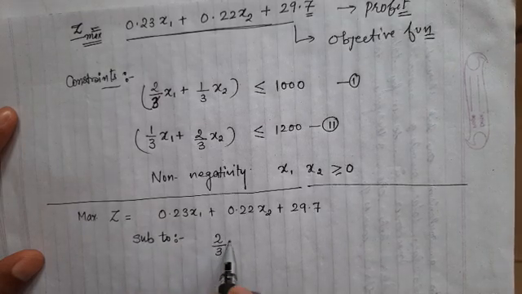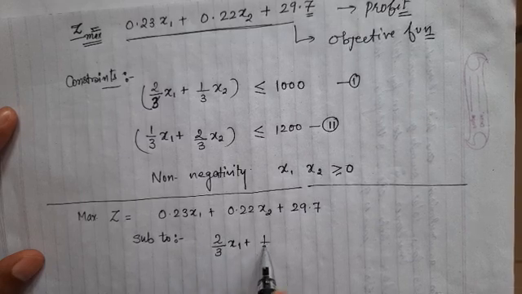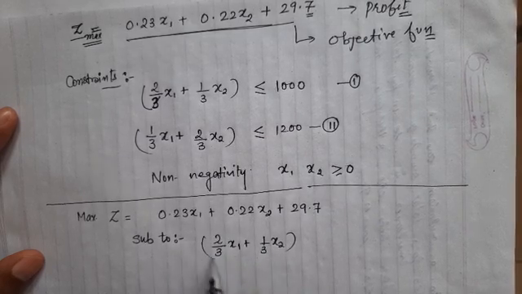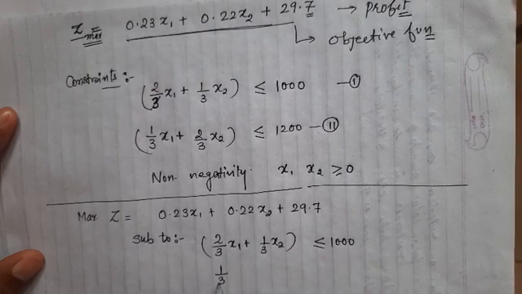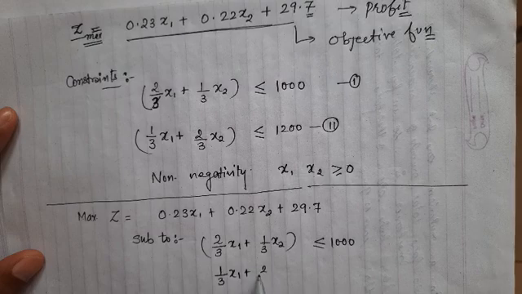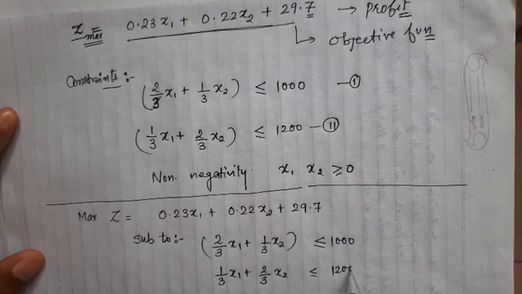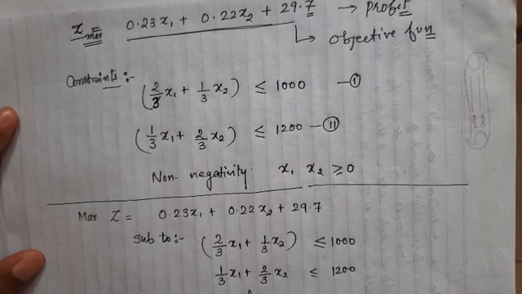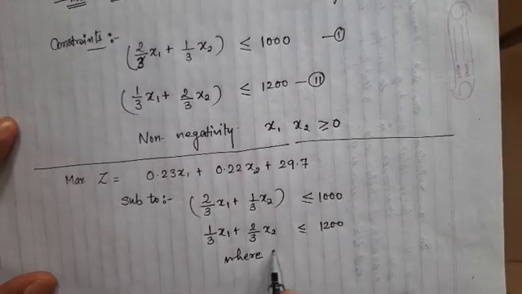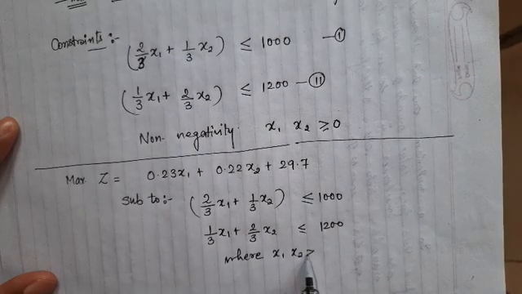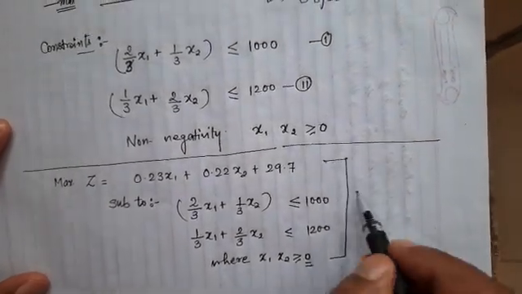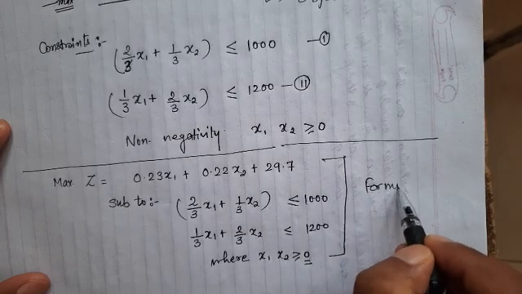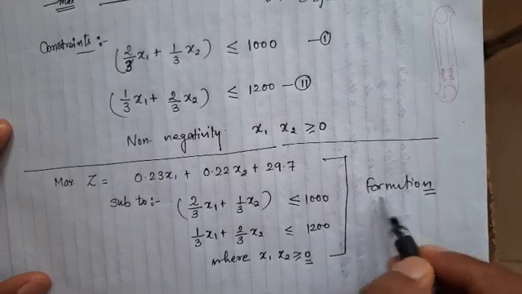Constraint 1 is 2/3 x1 plus 1/3 x2 less than or equal to 1000, and constraint 2 is 1/3 x1 plus 2/3 x2 less than or equal to 1200, where x1 and x2 are greater than or equal to 0. So this complete set of steps is the formulation.